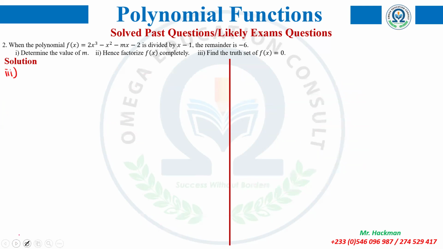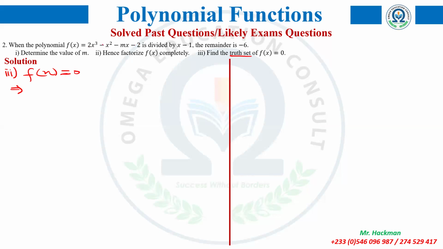Okay, so now we need to factorize. We are asked to find the true set of this. So you underline true set because it will guide you as to how to leave your final answer. What information can I extract there? f of x is equal to 0. So ordinarily you would have written f of x, but because you are equating f of x to 0, indirectly you are finding the zeros of f of x.